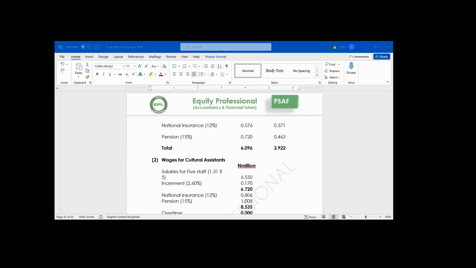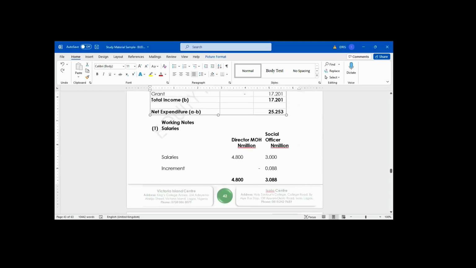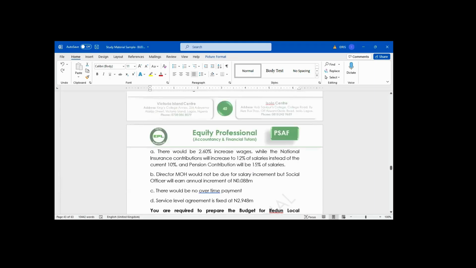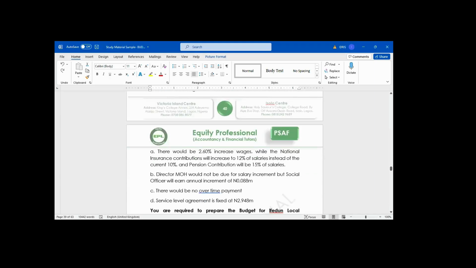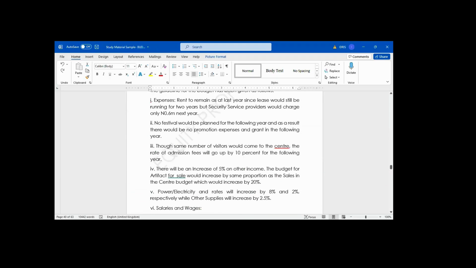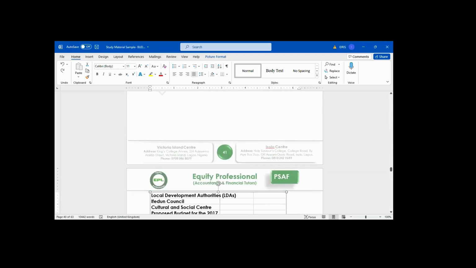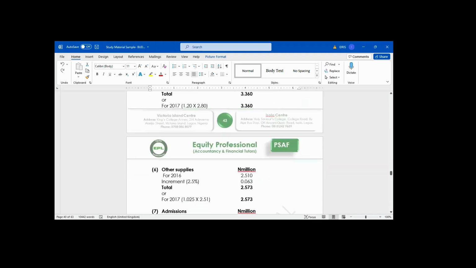After the admission, we have sales in the center. So what is the note on sales in the center? Note 4. Sales in the center budget will increase by 20%.